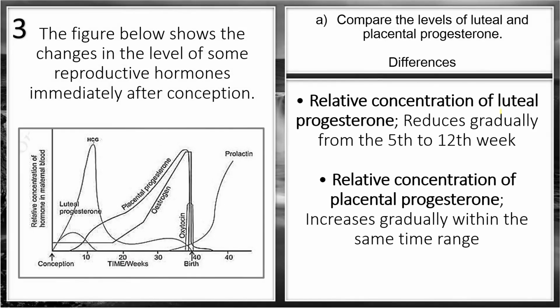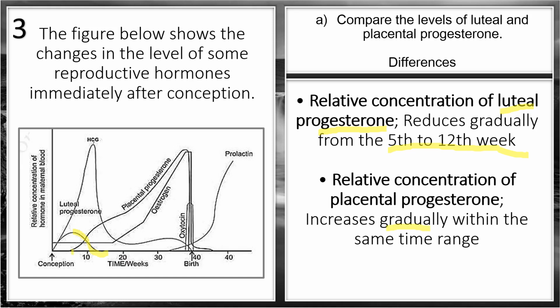The relative concentration of lutein progesterone reduces gradually from the 5th week peak to the 12th week. That is for lutein, from the 5th week to the 12th week, it reduces very gradually. Whereas the placental progesterone increases gradually within the same range.